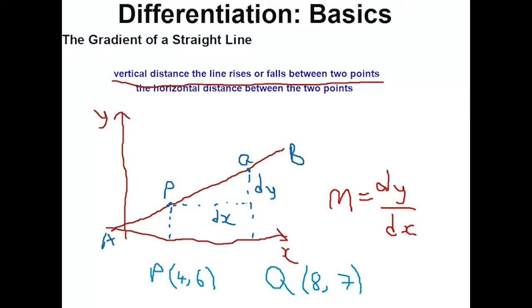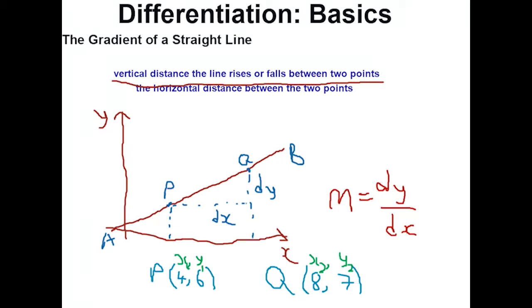To express the gradient, we find the change in the y value over the change in the x value. Don't forget, the coordinate for point P is labeled x, y, and for point Q is also x, y, so to differentiate, let's call them x1, y1 and x2, y2.